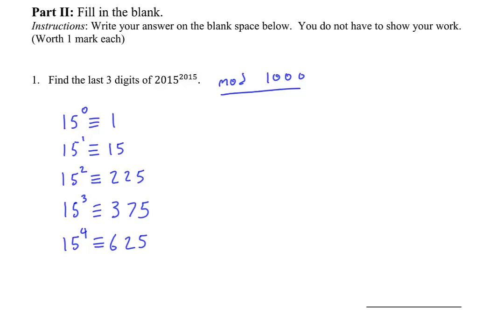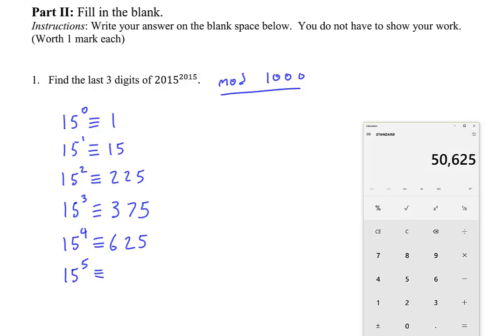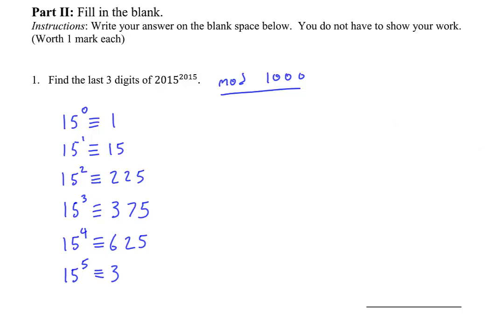15 to the power of 5, let's see what that one gives us. So it would be 625 times 15. And notice it takes us back to 375. So we've successfully found a pattern.